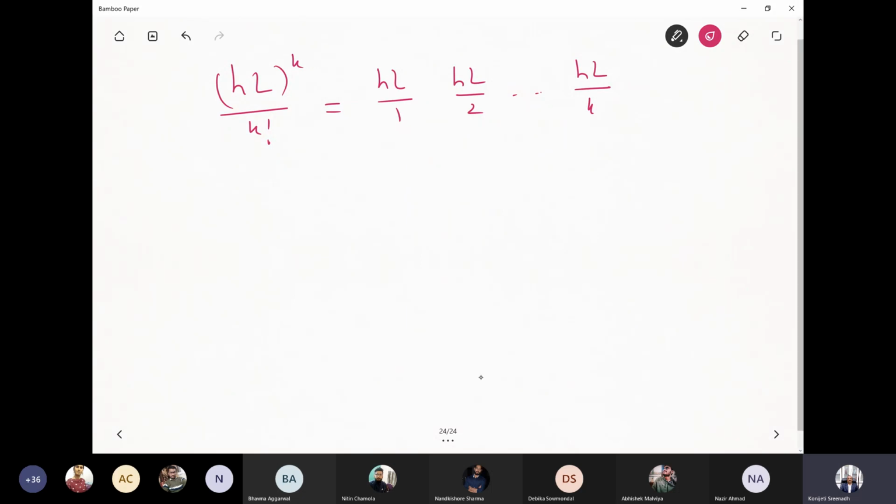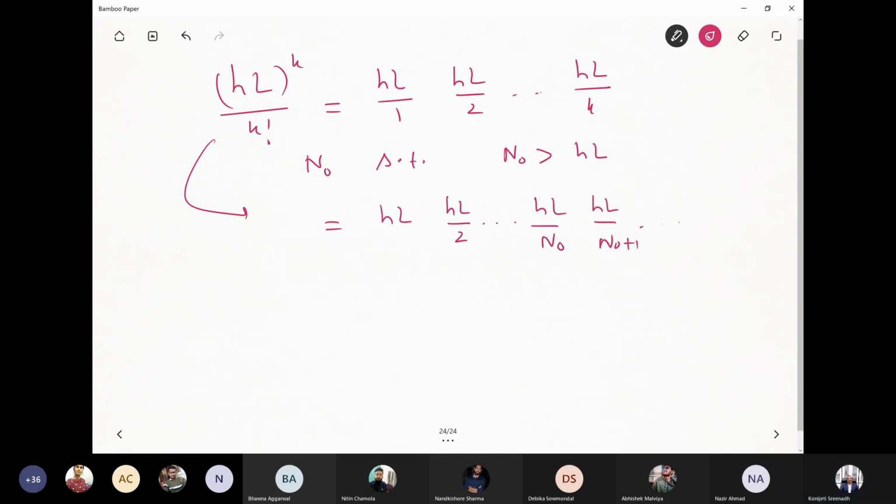Now you choose one, say n naught, such that n naught is greater than h into L. Then this factor will become hL, hL by 2, up to hL by n naught, hL by n naught plus 1, up to hL by k.